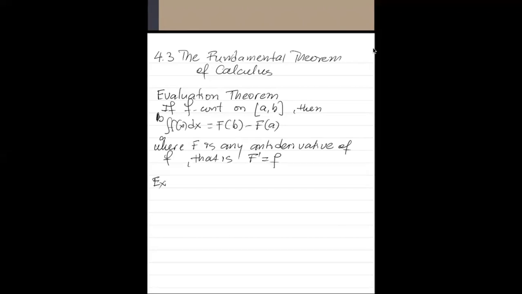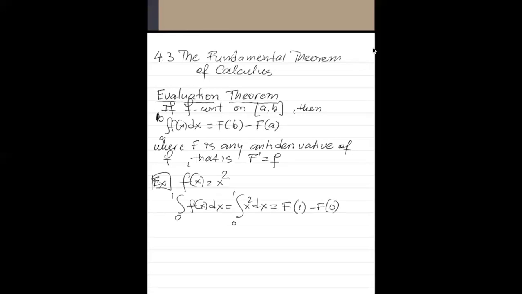Example, if f of x is x squared, we want to evaluate the definite integral from 0 to 1 of f of x dx. That is the integral from 0 to 1 of x squared dx. According to our evaluation theorem, that is equal to big F of 1 minus big F of 0.